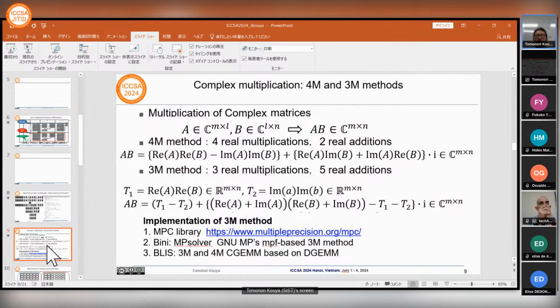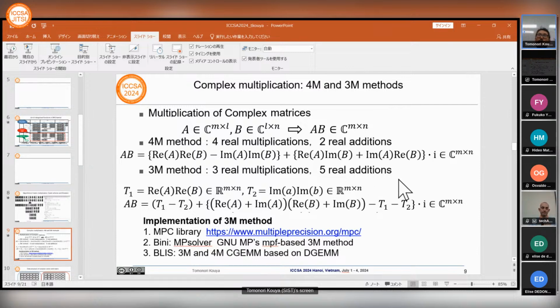And when we implement complex matrix multiplication and LU decomposition, we want to use faster algorithms, 3M methods. The 4M method is the standard complex multiplication algorithm that includes 4 real multiplications and 2 real additions. But the 3M method is 3 real multiplications, but 5 real additions.